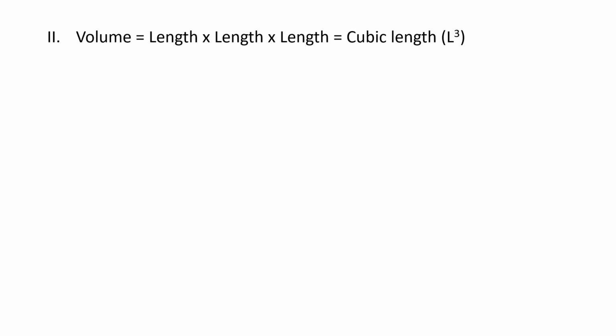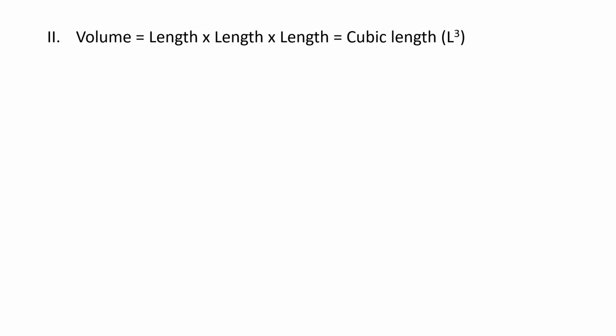And length times length times length, we can write as length to the power 3, or length cube, or cubic length, if you combine the two principles we just considered in our first solution.